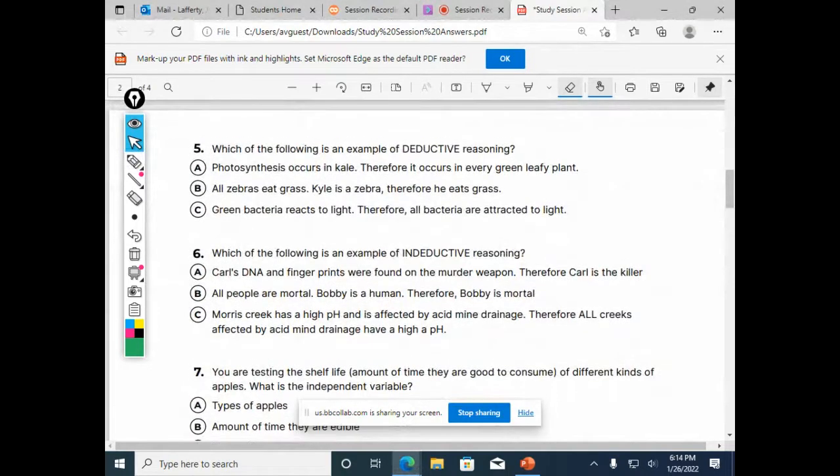Okay. Deductive versus inductive. I know that this was kind of a difficult concept, something that you all struggled with on the pop quiz. So who wants to walk me through how they answered number 5? The way I answered it was, deductive is like detective, so you have different details telling you one specific conclusion.